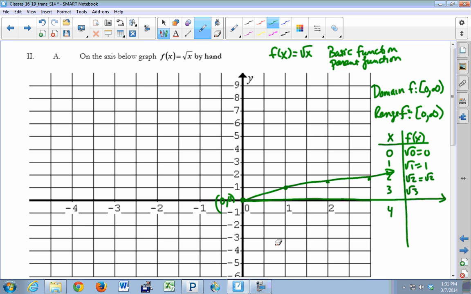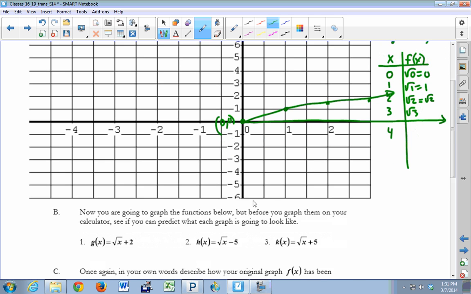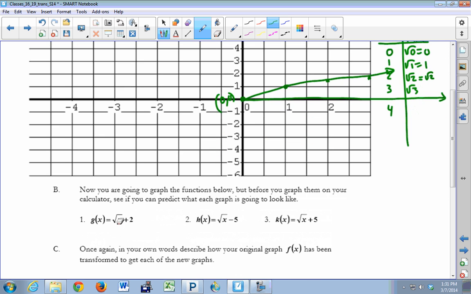Okay. So now I want to see what transformations I'm being asked to do. Very similar to the first series of functions, I'm adding something to the original function f of x. I'm adding 2 to the output values. So we sometimes say we're acting outside the function, because we perform whatever the function tells us to do on x, that's the square root in this case, and then we're adding something to it.